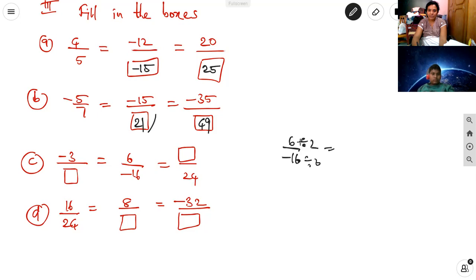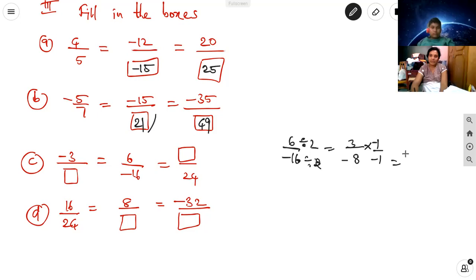You get 2 3s are 6, 2 8s are 16. The denominator has a negative sign. If the numerator is positive, we should multiply with minus 1 and minus 1. You get minus 3 upon 8. So here it is 8.